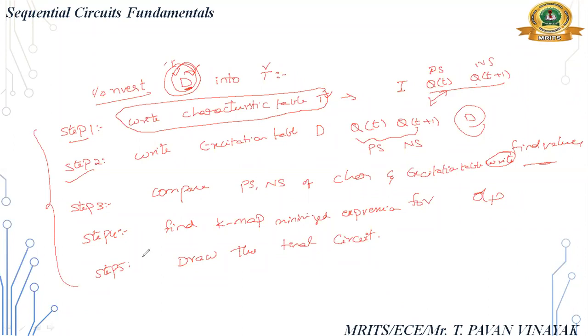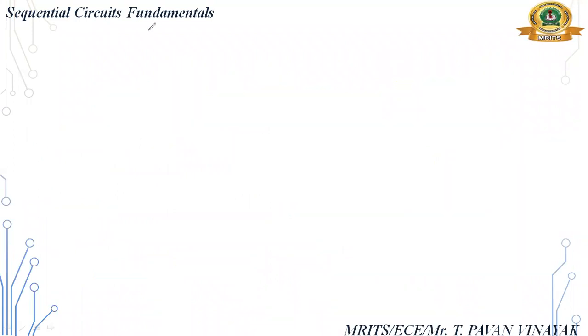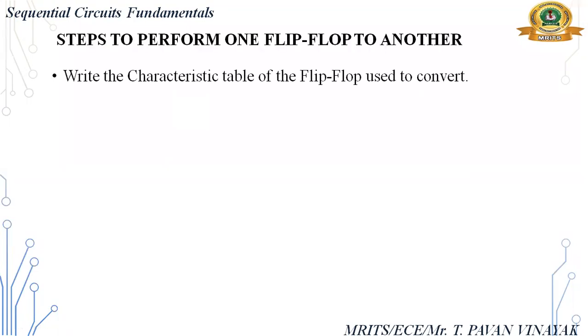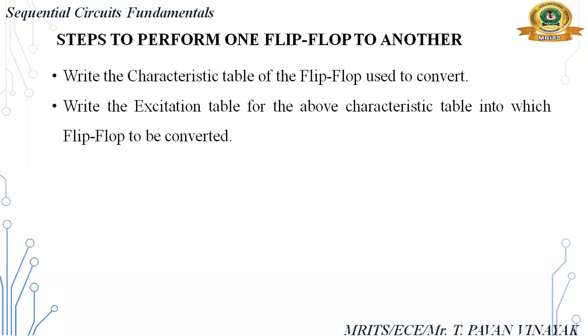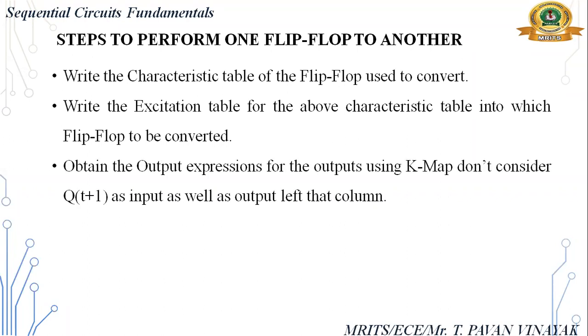These are the steps. Let us do a problem so that you can clearly understand them. What is the first step? Write the characteristic table of the flip-flop used to convert. Next, write the excitation table for the flip-flop to be converted.